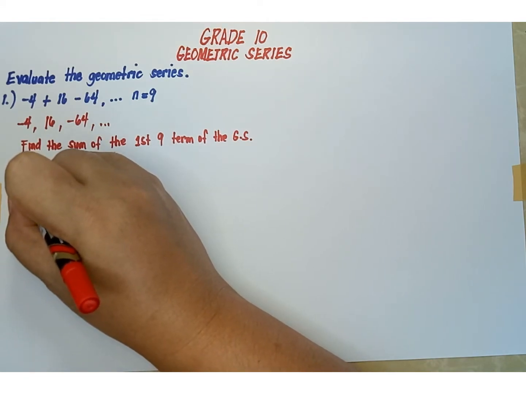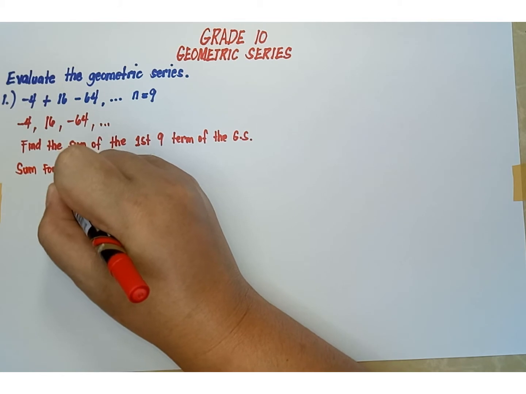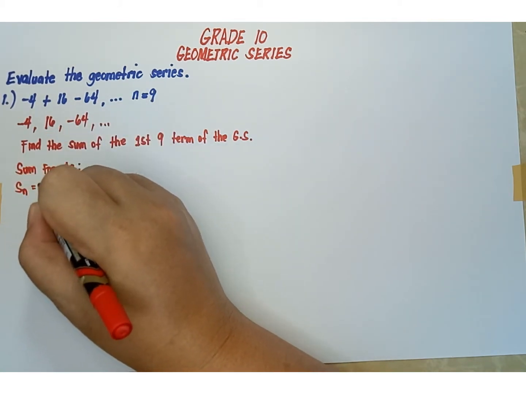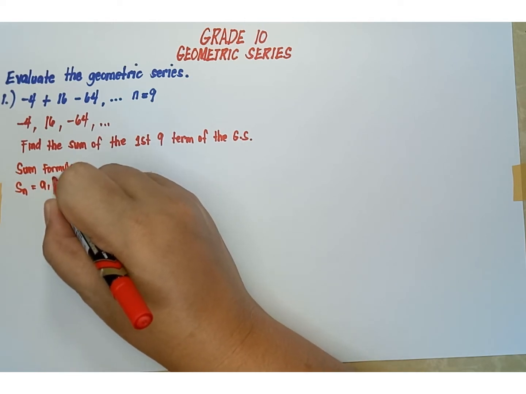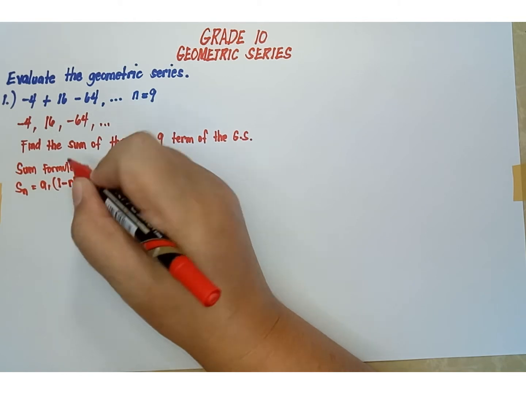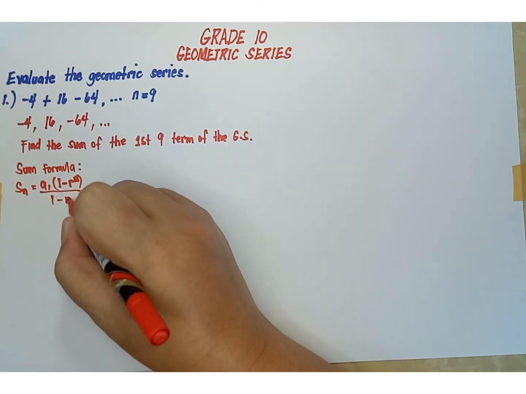Okay. So, let's use the formula in finding the sum of a geometric sequence. We have S sub n equals a sub 1 times the quantity 1 minus r raised to n all over 1 minus r.